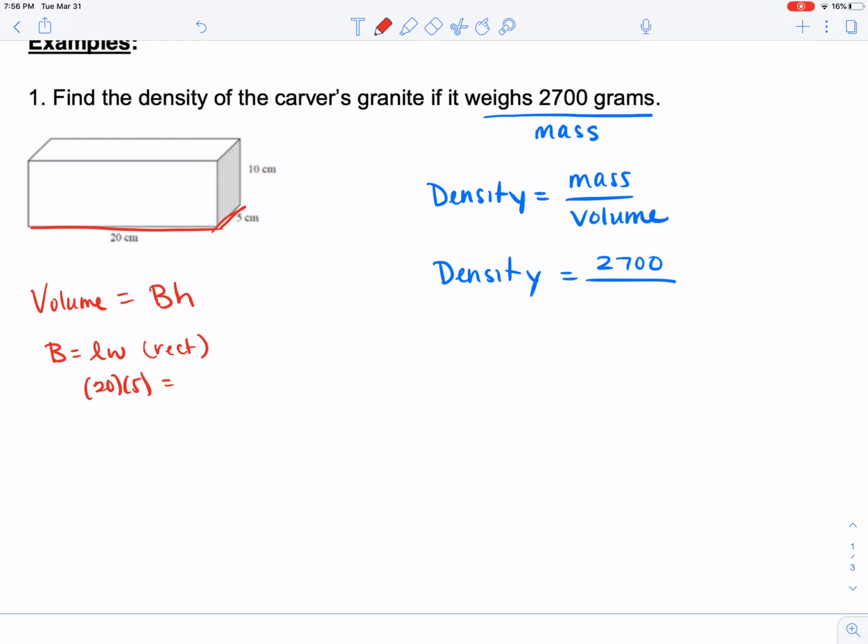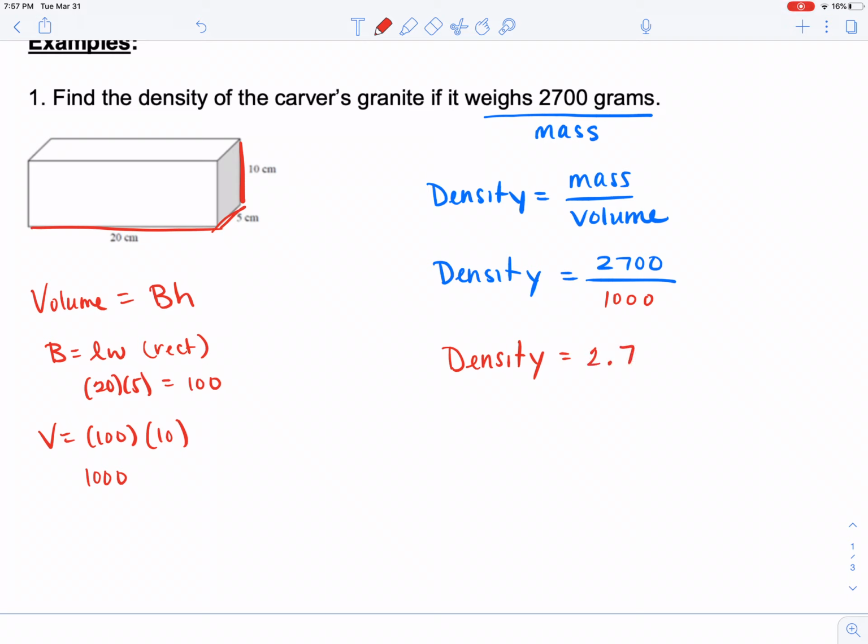So the big B here is 100. So the volume is the big B, which is 100, times the height of the brick, which is 10. So the volume is 1,000. So you first have to find the volume to then plug in here. So now we're able to find that the density is equal to 2,700 divided by 1,000, which is 2.7.